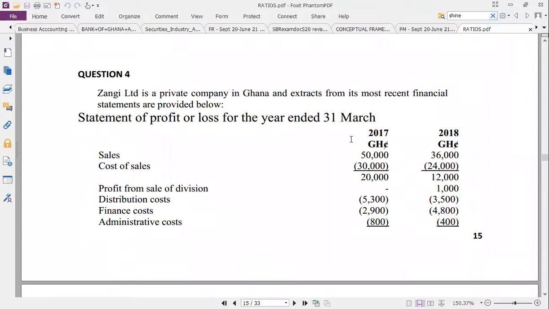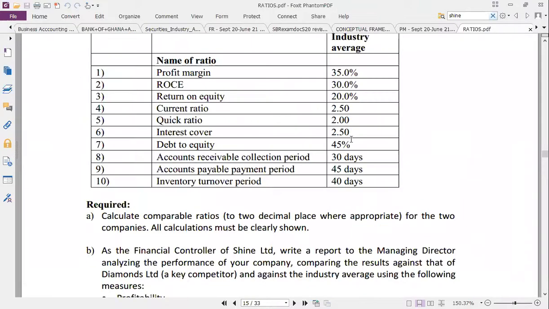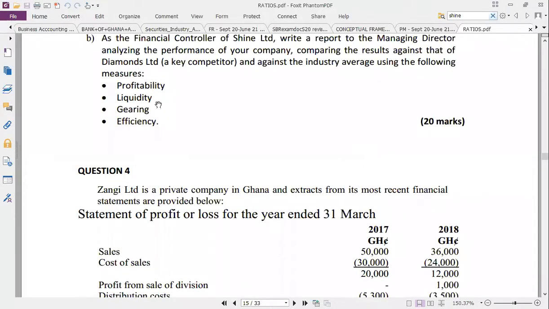This report seeks to analyze the performance of Diamond and Shine Limited for the year as compared to the industrial average. This report will be based on intercompany comparison using the following key ratios: profitability, liquidity, gearing, and efficiency, together with a sector average provided in the question.